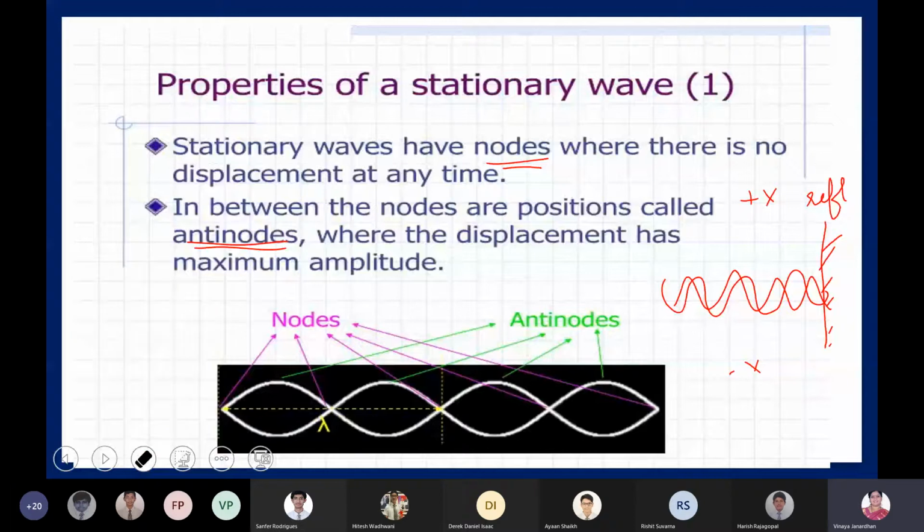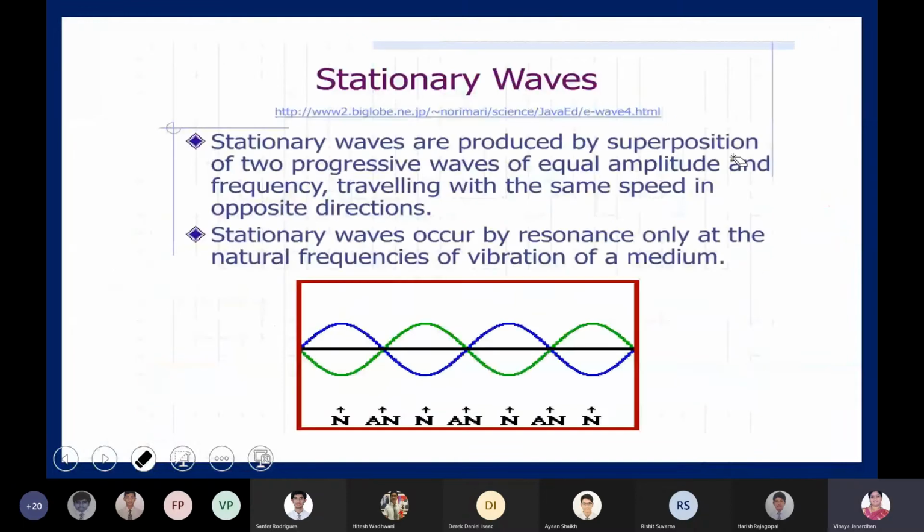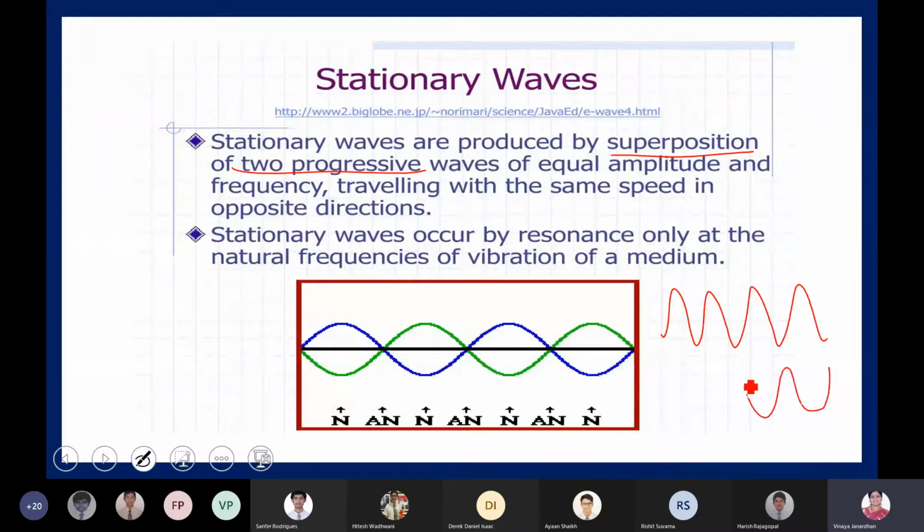This is the superposition of two progressive waves. You have a wave progressing in the positive x direction and another wave traveling along the negative x direction.